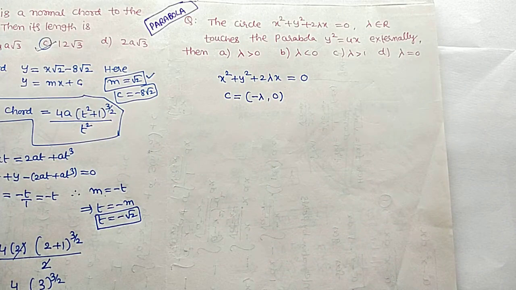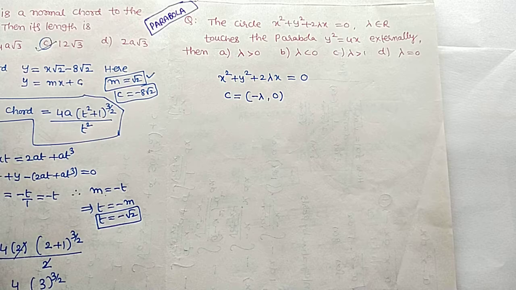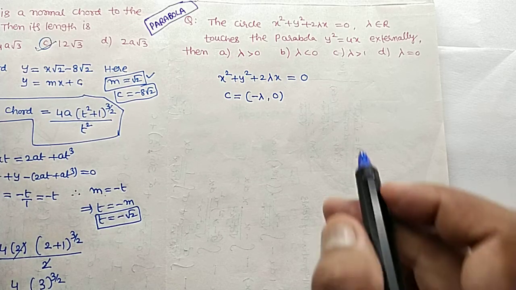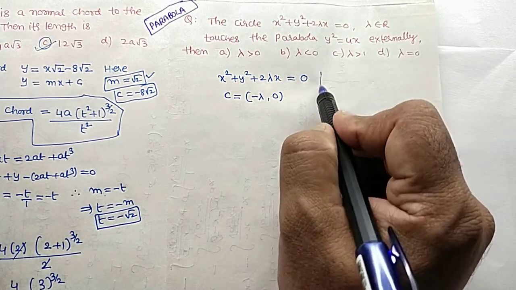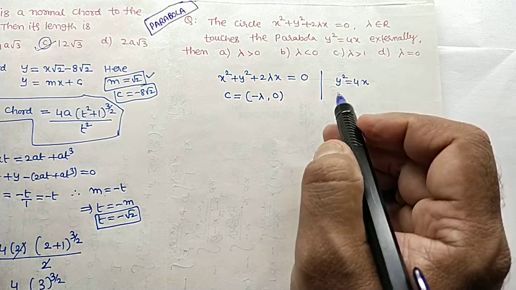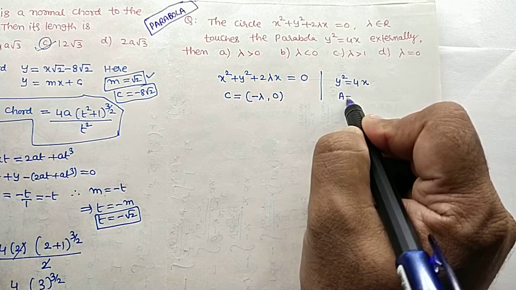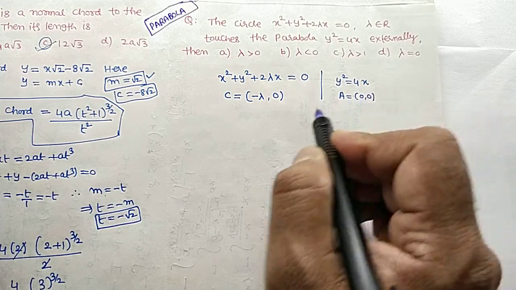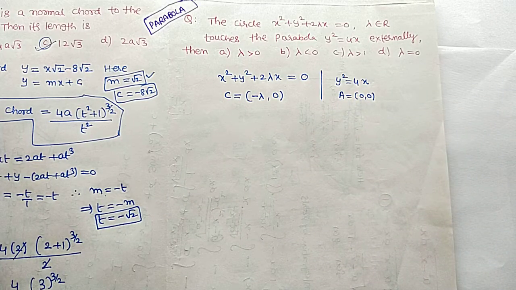There is no y term, so y coordinate is 0 here, and x coordinate is minus 2 lambda by 2, which is equal to minus lambda. And from the given equation of parabola, y square equal to 4x, the vertex is 0 comma 0. So now simultaneously you have to draw the figure.